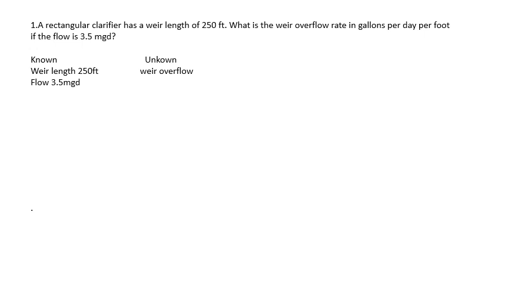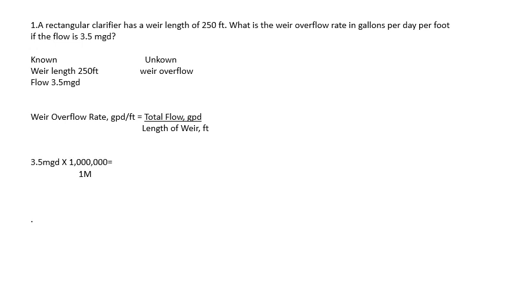It means you're going to use the weir overflow rate gallons per day formula, which is total flow gallons per day divided by the length of the weir in feet. Well, we need to convert 3.5 million gallons a day to just gallons. So 3.5 million gallons a day times a million over 1M, so that the million cancels out and you're left with gallons a day.